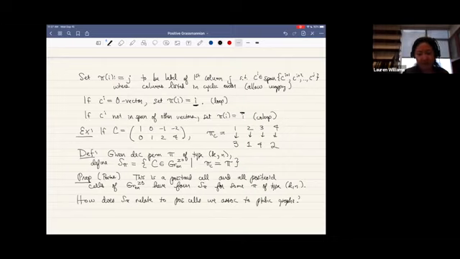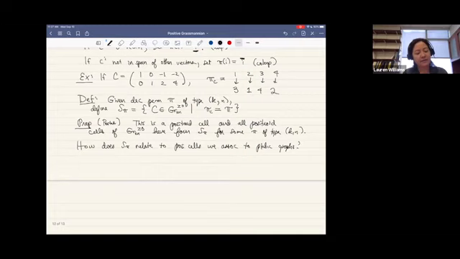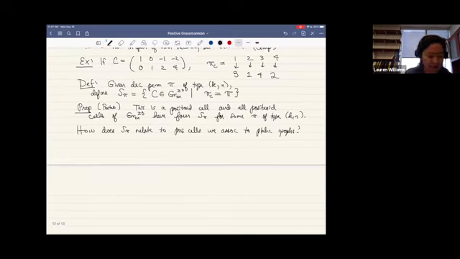So that's the question that I want to answer now. And the answer is sometimes referred to as rules of the road, but this is also known as zigzag paths in the dimer literature.